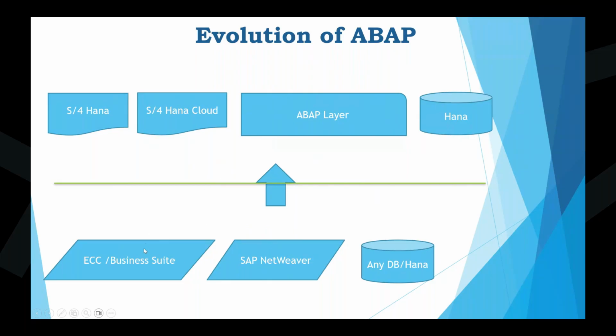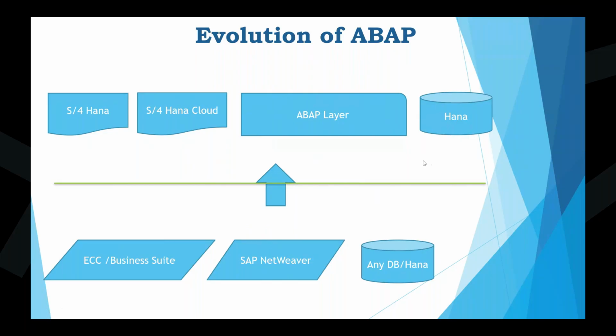You can move to the S4 HANA on-premises system, or you can move from ECC to the S4 HANA public cloud or private cloud directly. Now in the public cloud, private cloud, BTP, or your S4 HANA on-premises system, the development of SAP applications is in the ABAP layer, and we can connect to the HANA DB. Yes or no?